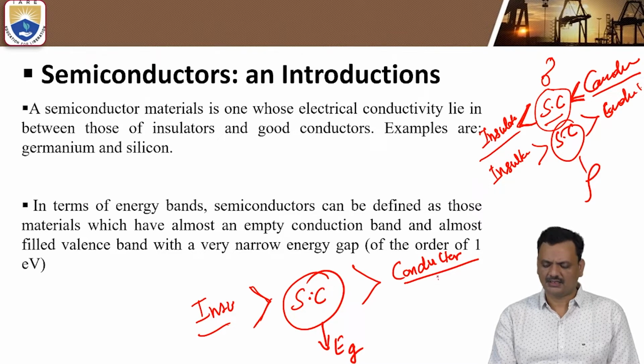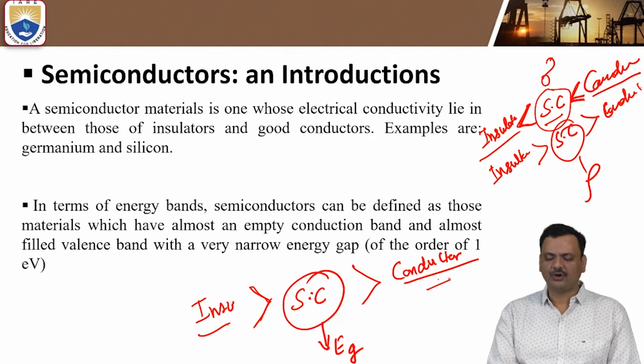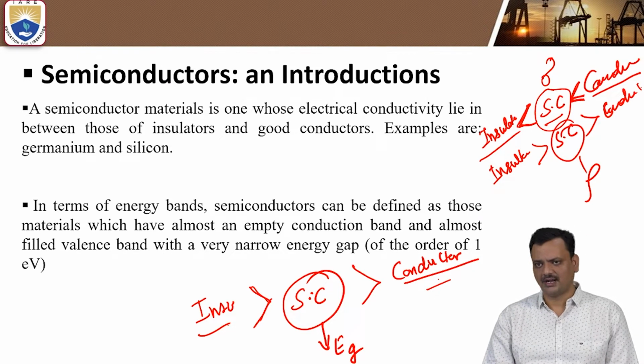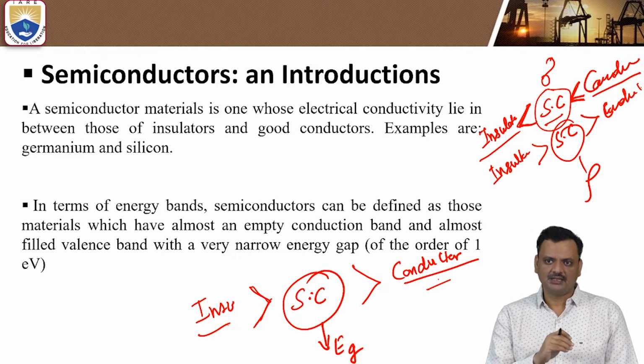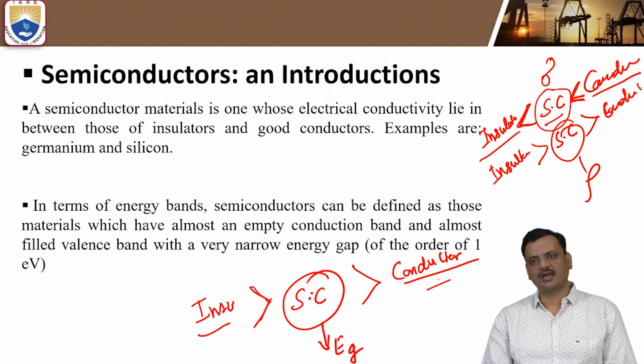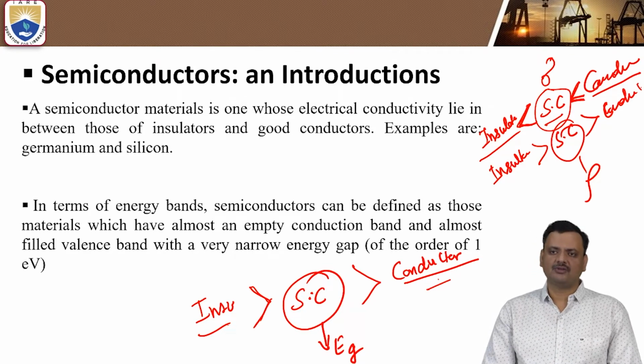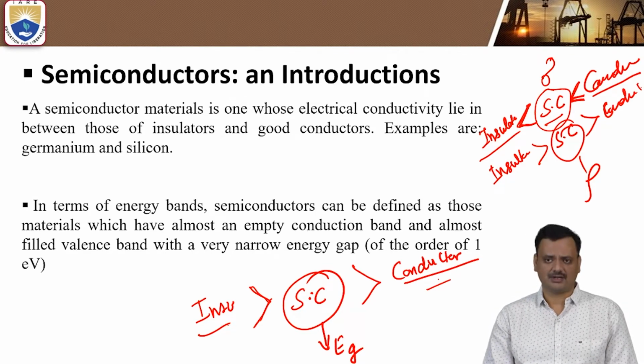In a conductor, as we have seen many times, there is no energy band gap or a very small one. But semiconducting materials have some energy band gap, of the order of 1 electron volt, which is much less than in insulators. Insulators have an energy band gap of more than 4 or 5 electron volts, starting up to 6 electron volts.